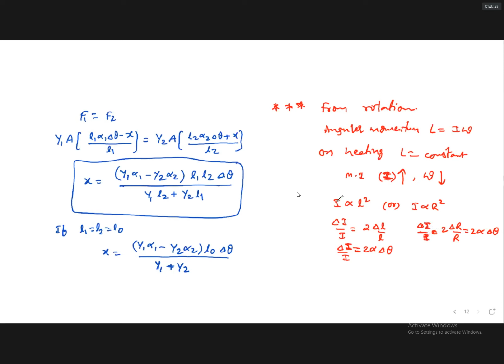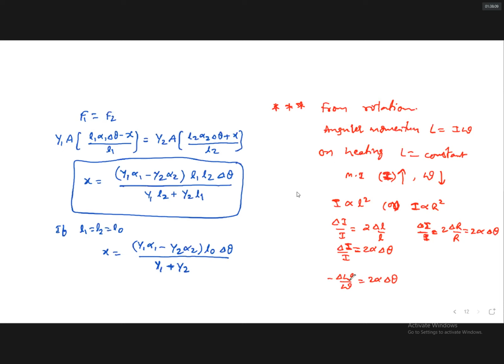Now, relating to omega, as I is inversely proportional to omega, delta I by I can be written as minus delta omega by omega, that is 2 alpha delta theta.